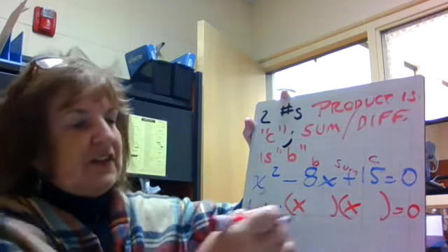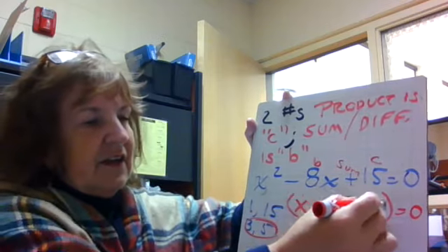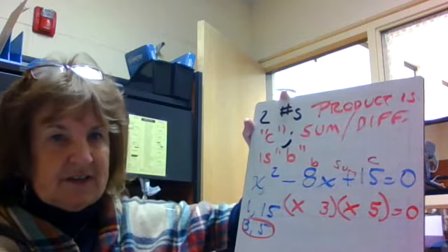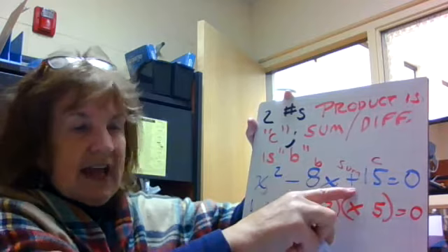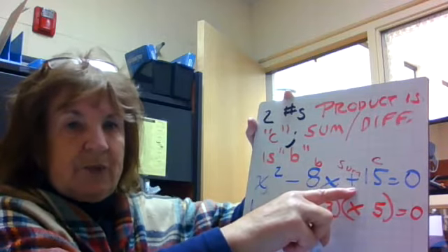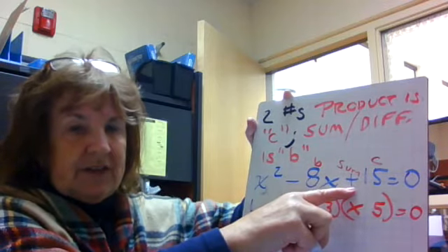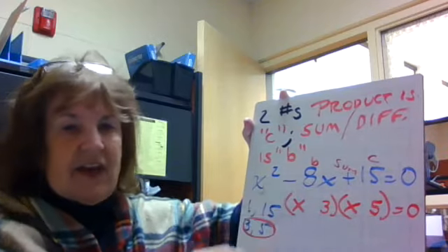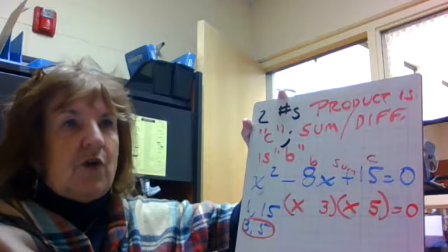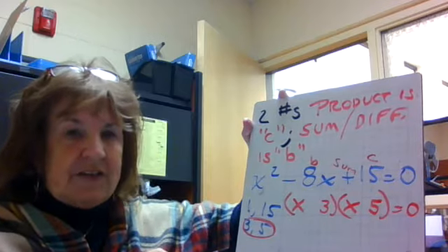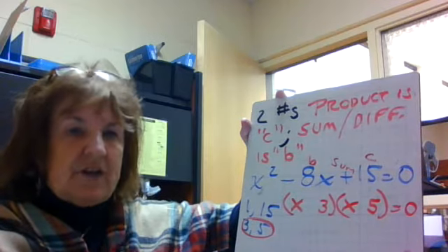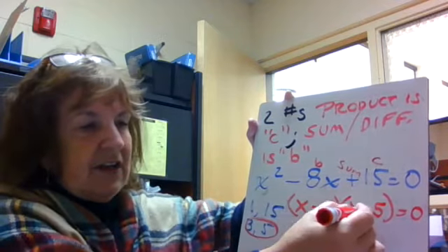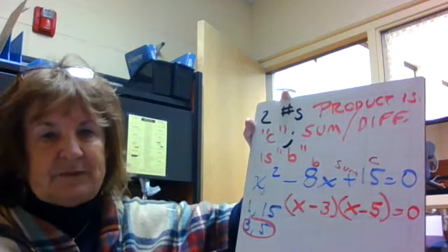Put the two numbers in that you picked. And now we use common sense. We have to add, so we're going to add two positives or two negatives. I want to get a negative 8. So would I add two positives to get a negative 8, or would I add two negatives? The answer is I would add two negatives.